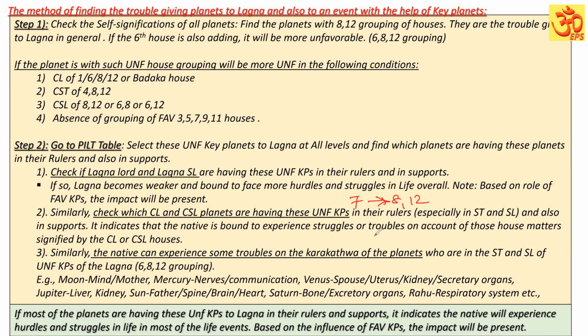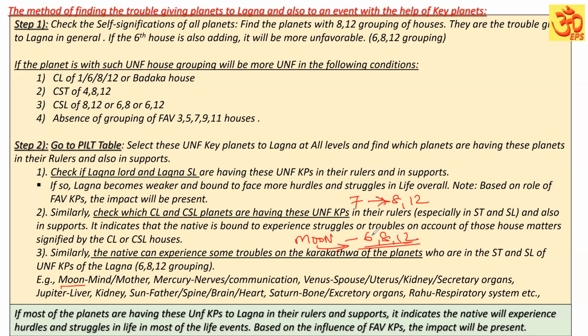Suppose you take the Graha Karagatva. Suppose a planet is Moon. Moon governs the mind, and it also represents the mother. If the Moon planet is in the star and sub of a planet which is signifying the 6, 8, 12 grouping, it means the native will experience unfavorable significations to the Lagna through the Moon.